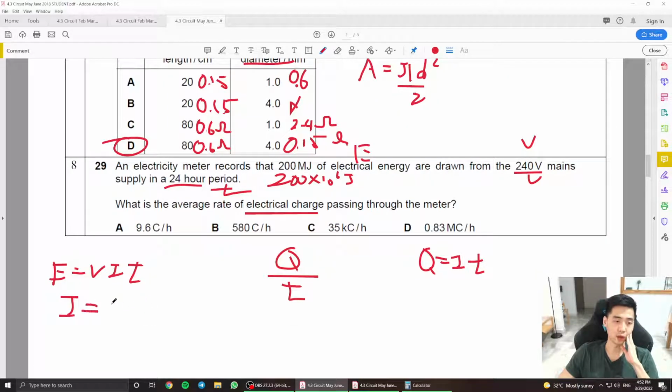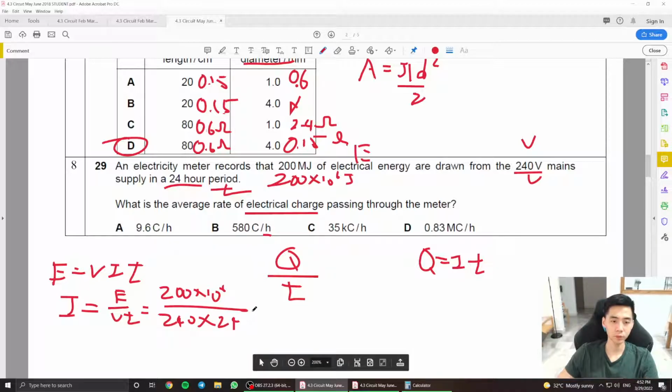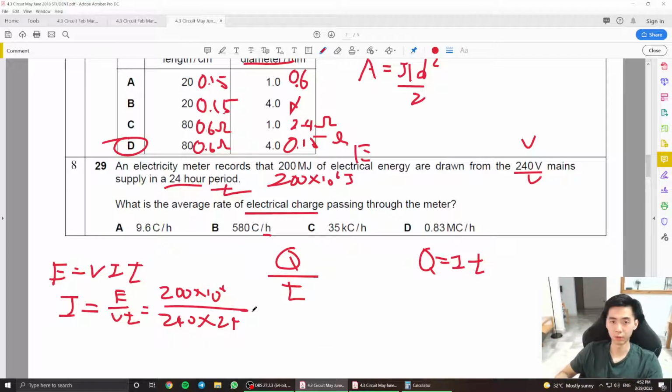Then I would have I equals E over VT, which is going to be 200 times 10 to the power of 6 divided by 240 divided by the time. In this case here, since it is in hours, I will just keep it in hours. So it's going to be 200 times 10 to the power of 6 divided by 240 divided by 24.